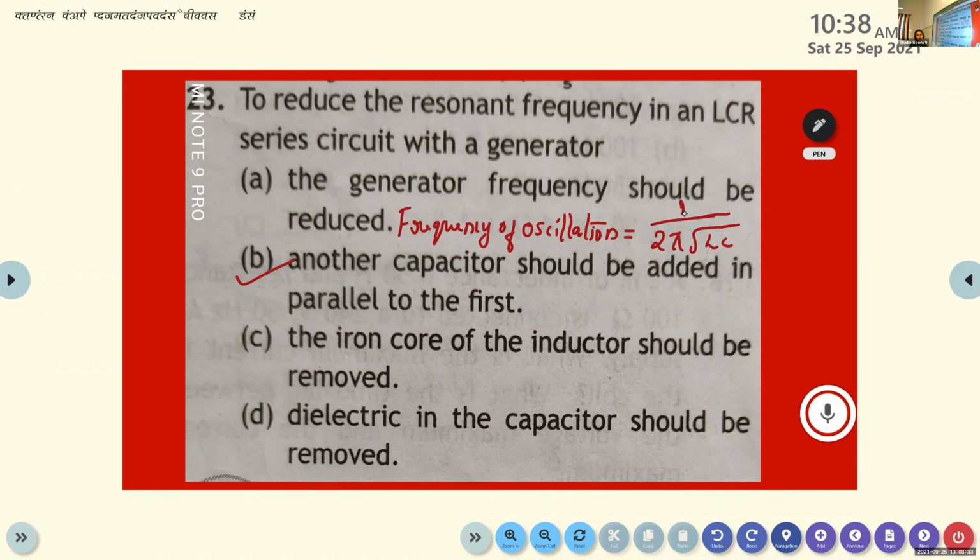If the capacitor value increases, the resonant frequency reduces. So to reduce the resonant frequency in an LCR series circuit with a generator, we can add one more capacitor. If we add a capacitor parallel to the first, the effective capacitance increases. If the effective capacitance increases, resonant frequency decreases.